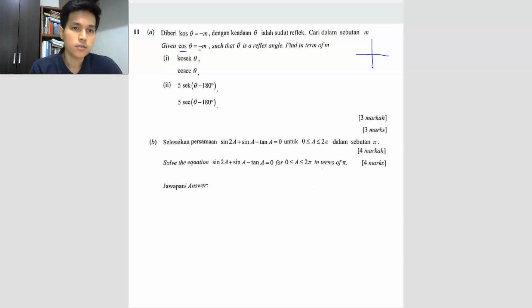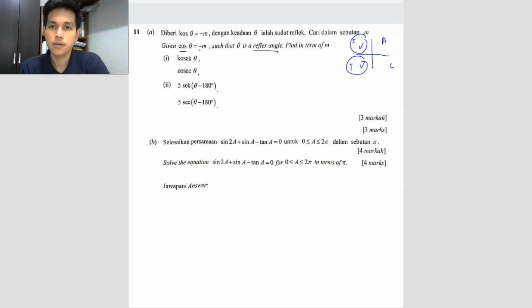In which quadrant do you get negative for cos? Remember, all sine tan cos: negative is only here and here, correct? The question also says it's a reflex angle. A reflex angle can only be here, and this is an obtuse angle so it cannot be here. So there's only one location, which is the third quadrant.